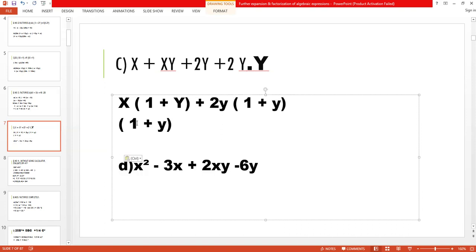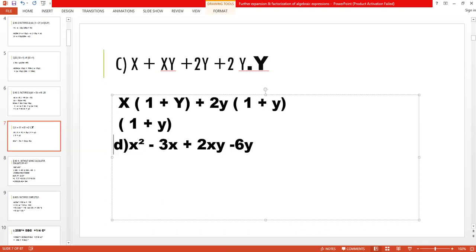And next, we have to write another bracket, and here in the other bracket, look here, 1 plus y will go outside. Here we have only x, and here we have only plus 2y. So I have to write x plus 2y. Clear? So this one is part C of question number 3.